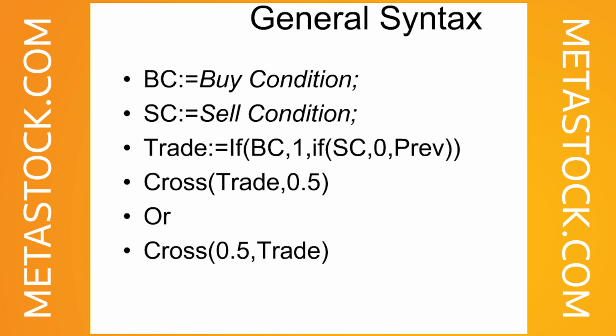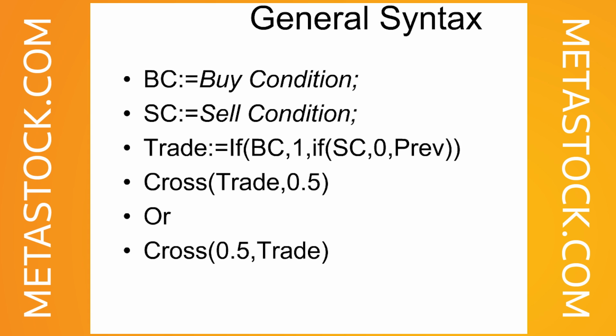And from TZ Trader, what is the 0.5? Again, we're looking at this variable trade. This variable trade expression will always be in a state of 1 or 0. Depending on how it's using the buy and sell conditions, if it is in a state of 1, we have a buy condition.